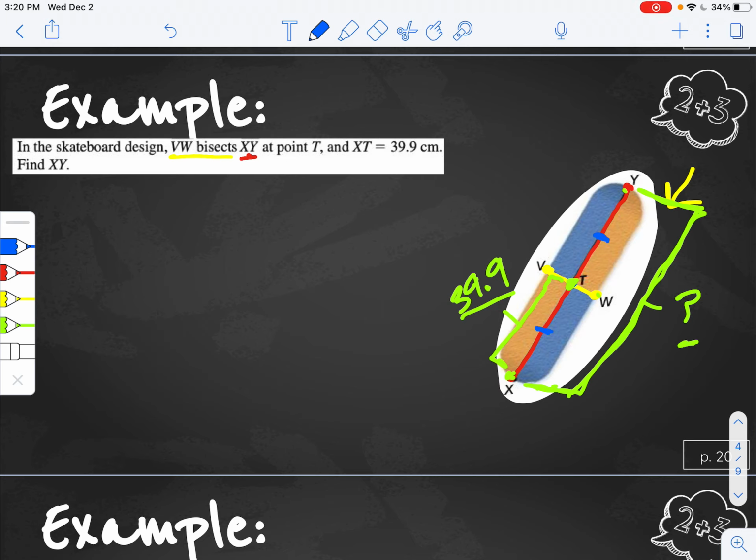Like we talked about earlier, that means that this line is the same length as this line, and now we can assume that 39.9 is half of XY. In other words, we can assume that T is actually the midpoint because of these little tick marks. That tells us that those two segments are the same.